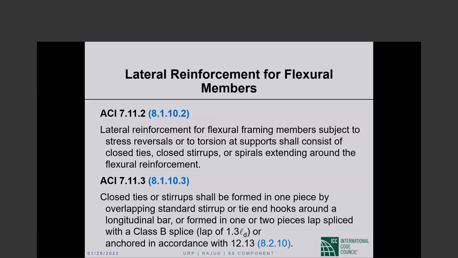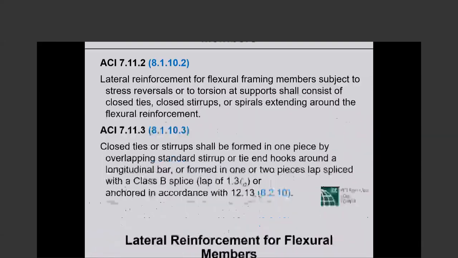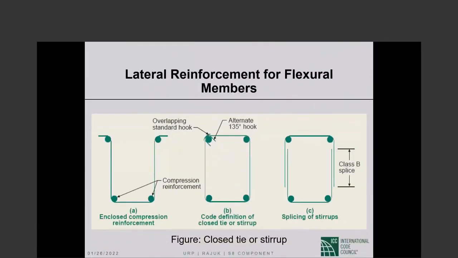In seismic construction, we use hoops, not stirrups. Closed ties or stirrups shall be formed in one piece by overlapping standard stirrup or tie end hooks around. So this is the story.